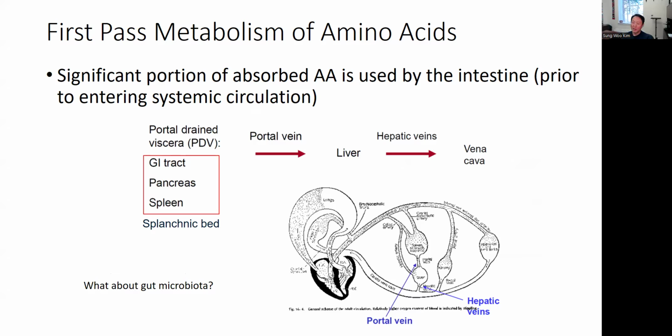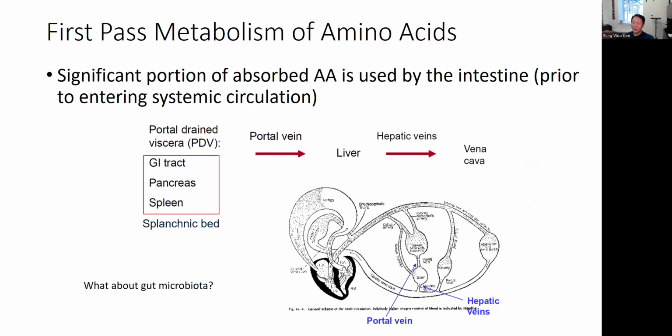We cannot say that there's a first pass metabolism of amino acid, that those amino acids disappeared after being digested and absorbed, and before entering the blood circulation, and that all of those disappeared amino acids are used by the intestine. We cannot say that because there's another user that we have been ignoring, but we know a lot more about them now, during the last 5 years.